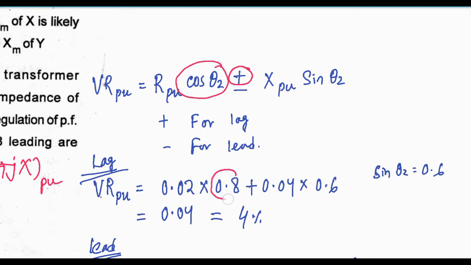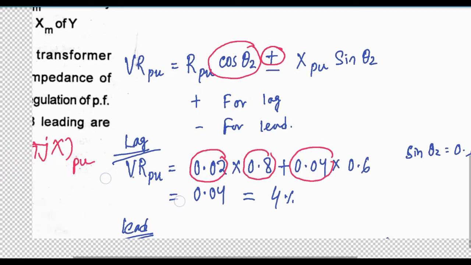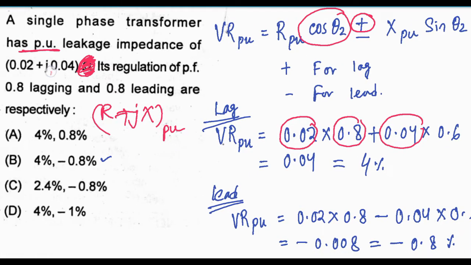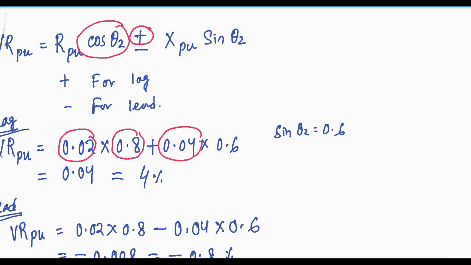So I have put 0.8 here, and R per unit is 0.02 given, plus X per unit 0.04, already given, times 0.6. 0.6 is sin theta 2, since sin theta 2 is the square root of 1 minus cos squared theta 2. So this will be 0.6.